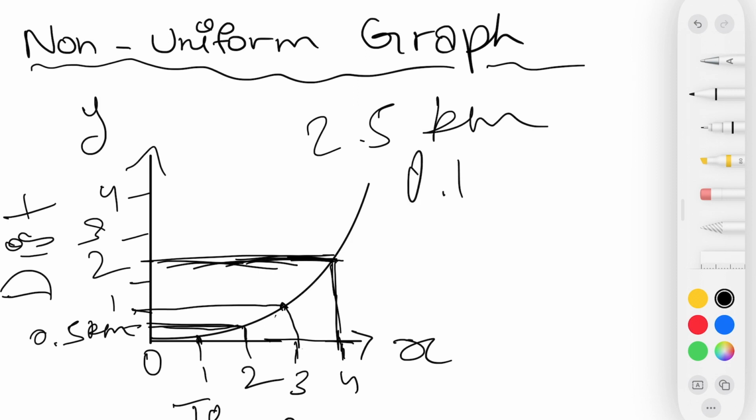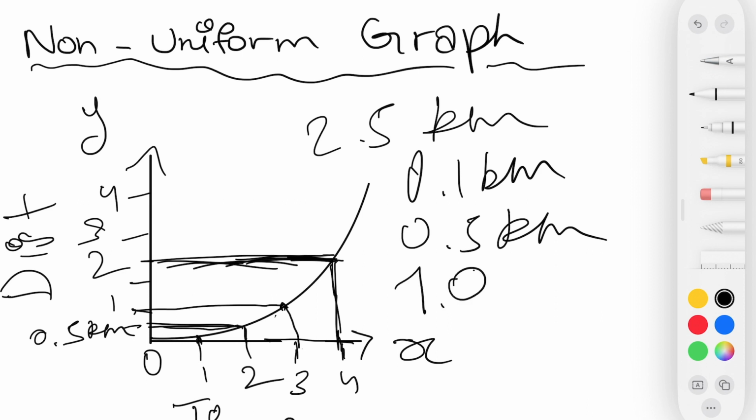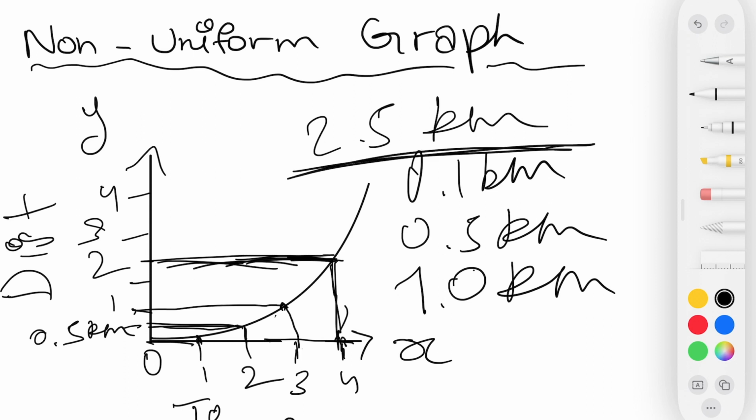So you saw first it was covering 0.1 kilometer in 1 hour, then 0.5 kilometers in the second hour, then 1 kilometer in the third hour, then 2.5 kilometers in the fourth hour.